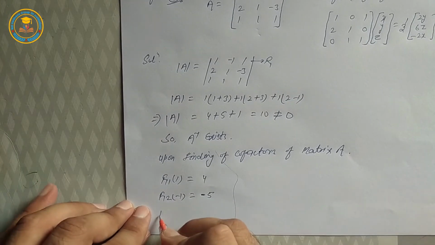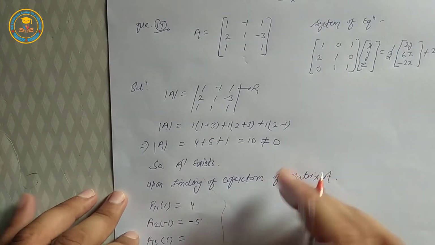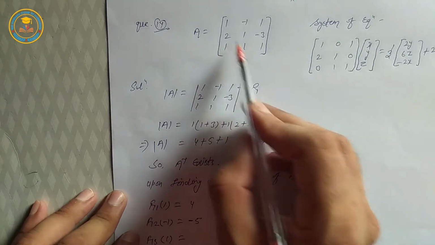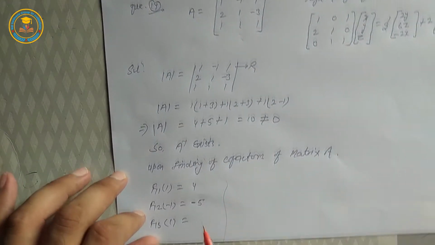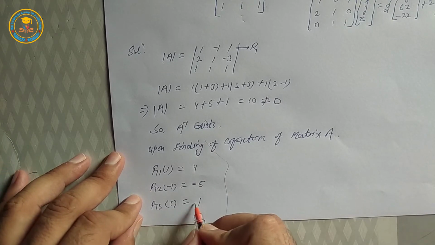Similarly F13, of element 1, leaving the corresponding row and column: 2 into 1 minus 1 into 1, 2 minus 1 is equal to 1. 1 plus 3 is 4, an even number, so positive sign.